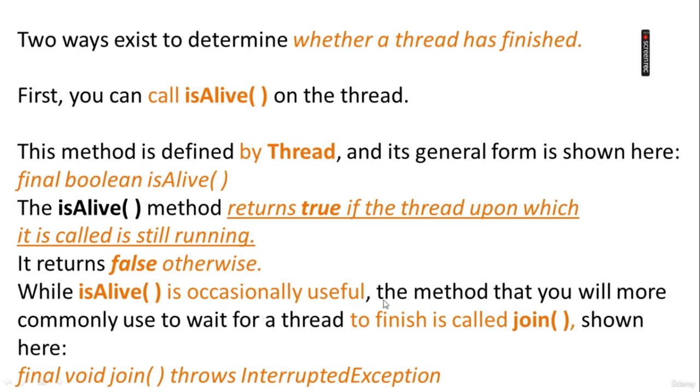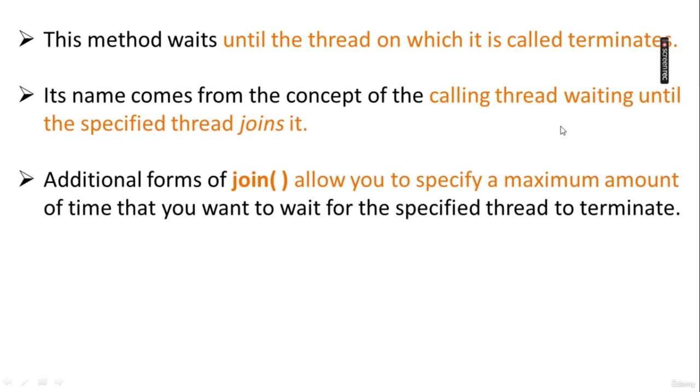While isAlive is occasionally useful, the method that we will more commonly use to wait for a thread to finish is called join, shown here. Final void join throws InterruptedException. This method waits until the thread on which it is called terminates.